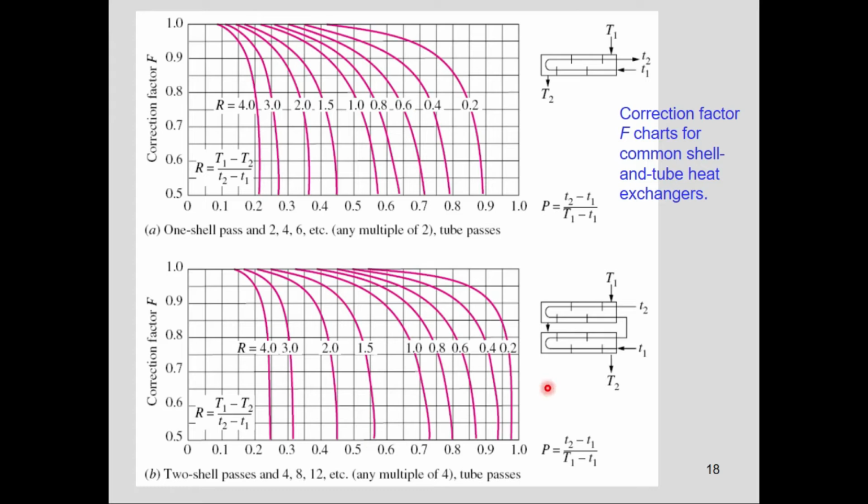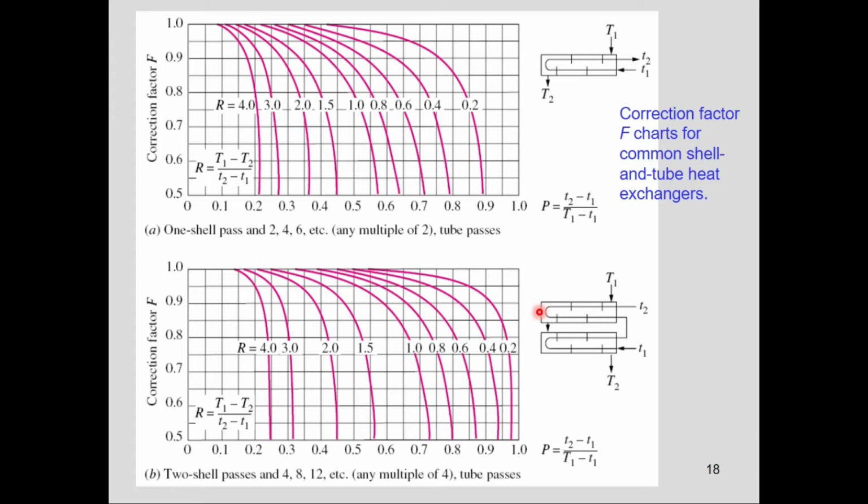This is the configuration mentioned over here: there are 2 shell passes, this is the first shell pass, this is the second shell pass, and 4 tube passes, right? This is first, this is second, this is third, and this is fourth. So that's why this configuration is 2 shell passes and multiples of 4 tube passes.